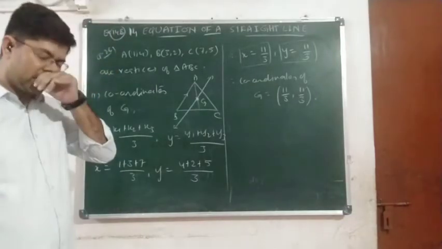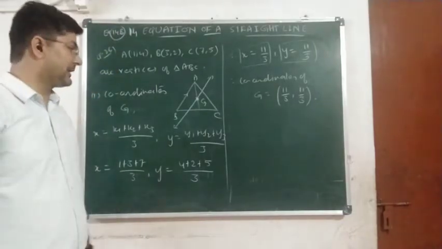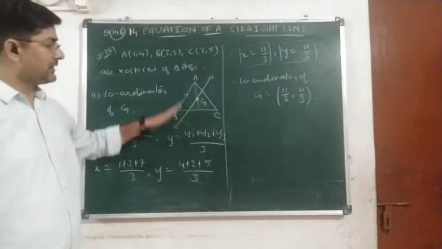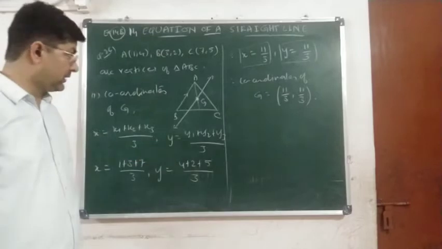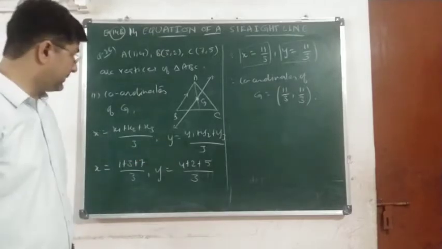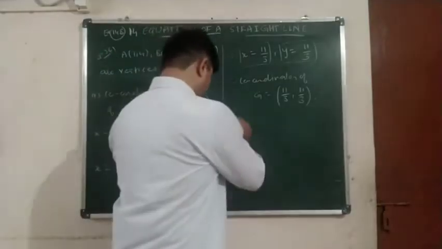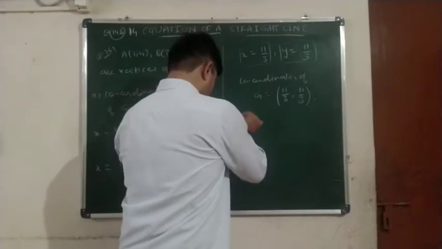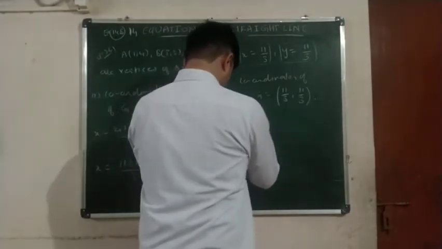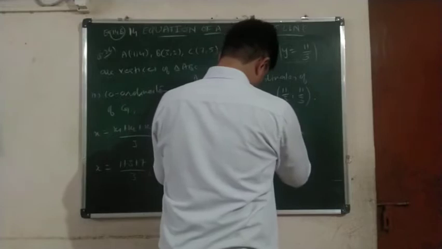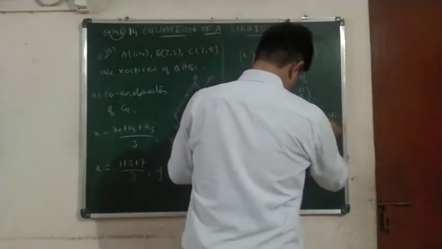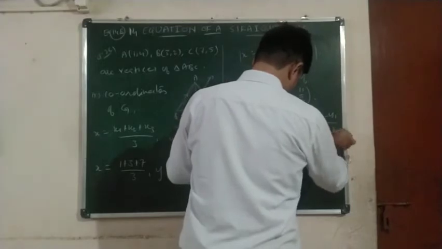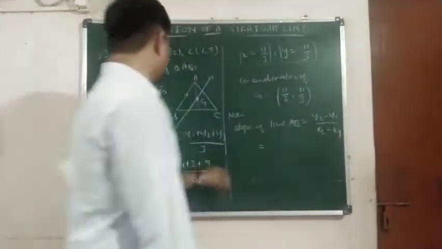Now we know that if two lines are parallel, their slopes are equal. So the required line is parallel to AB. Therefore, the slope of the required line will be equal to the slope of AB. So first we will find the slope of AB. The slope of AB is given by y2 minus y1 upon x2 minus x1.